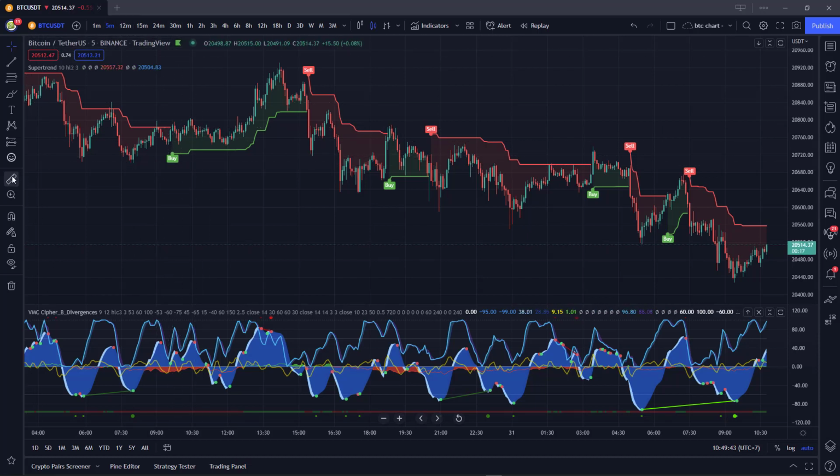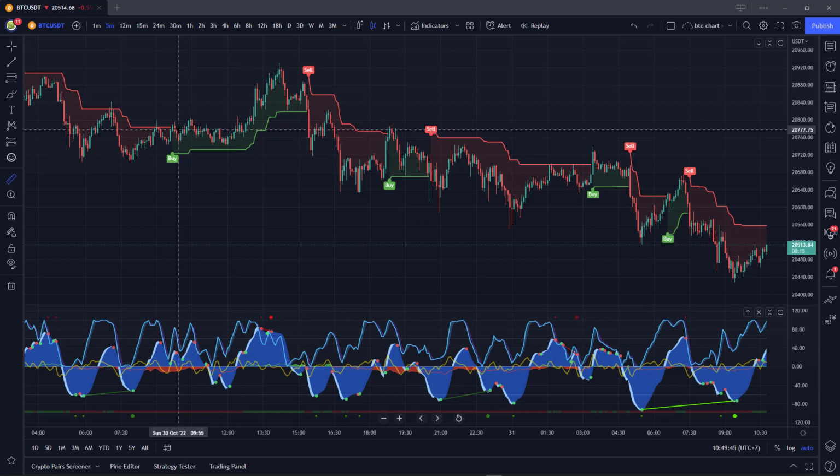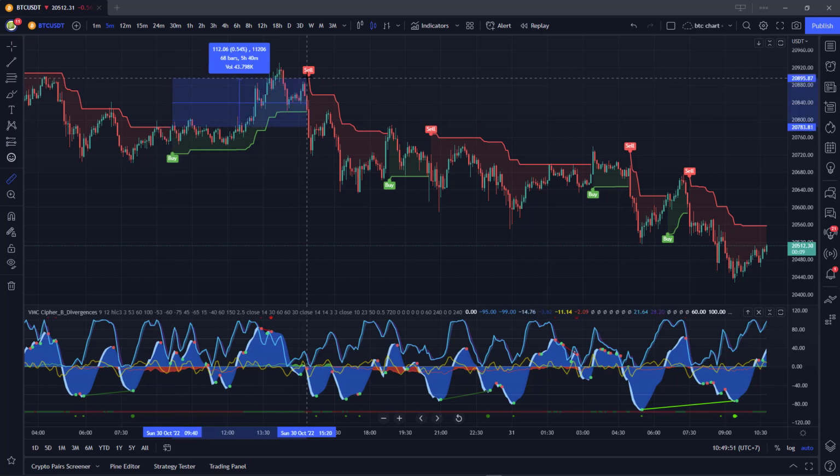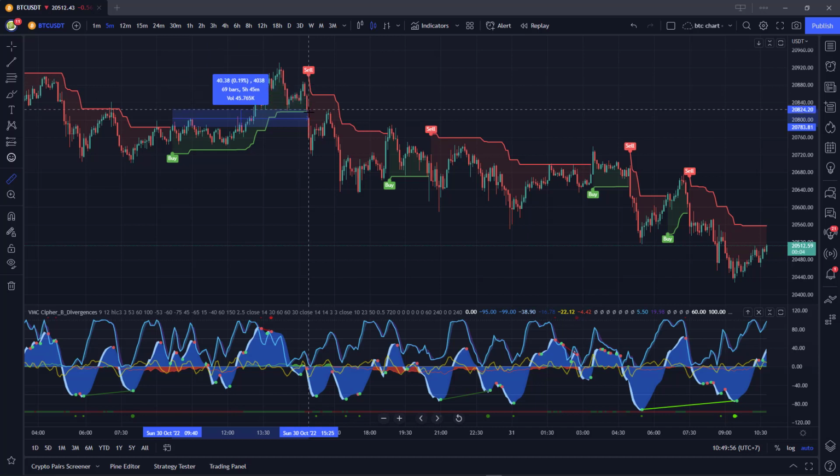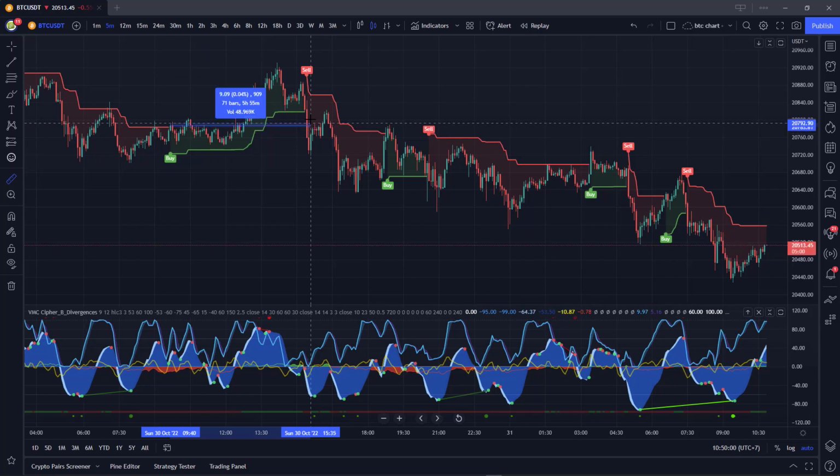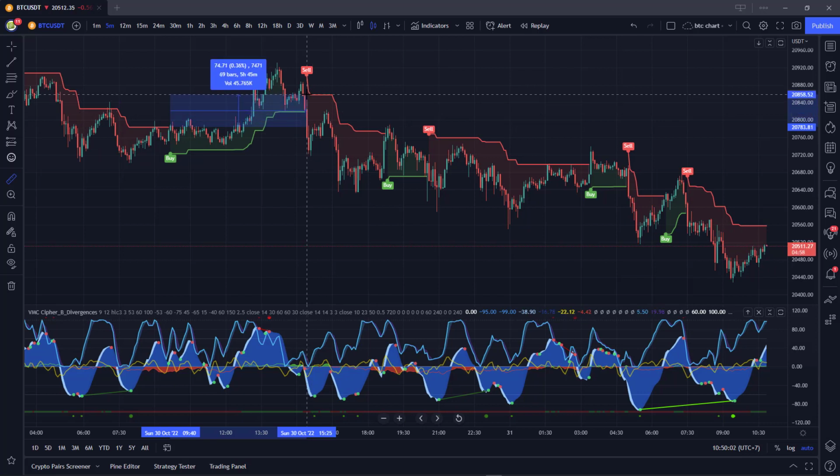Alright, so if we measure from where the signal went off to where the signal is giving a sell signal, as you can see, if we line it up properly, the sell signal is given as soon as we get below that trend line there.